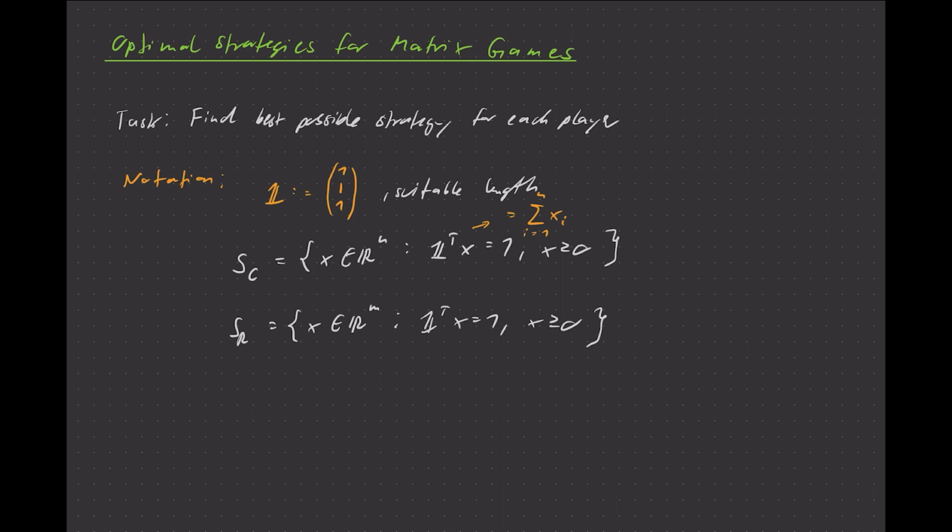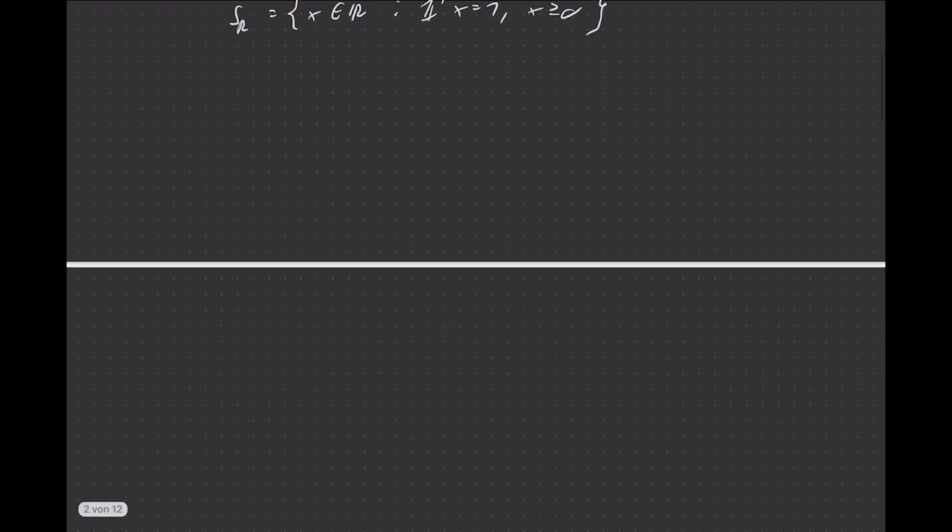So just write it down once. What that means is basically the sum of the xi's, i from 1 to n. Now let's have a look at the task of finding optimal strategies. Basically what that means is we have a couple of optimization problems to solve. We want to find an optimal strategy. And let's first consider the column player for that task.